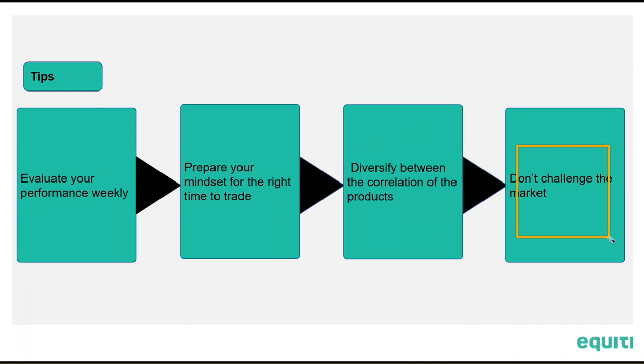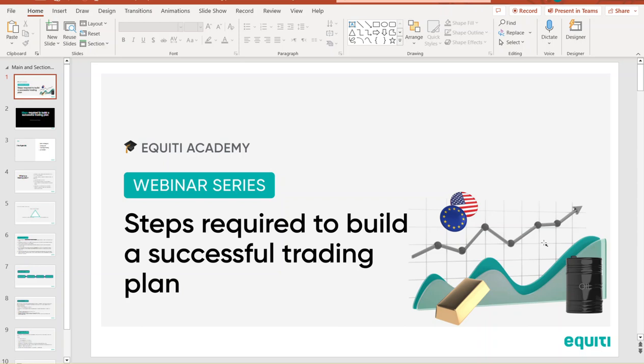Don't challenge the market. If you see that the trend is going up, obviously buying would be okay, but if the trend is going down, you don't buy. Don't go against the market. Make sure that you follow the trend and keep your eyes on the news as well. That's it. Thank you guys, and I will see you in the next webinar.